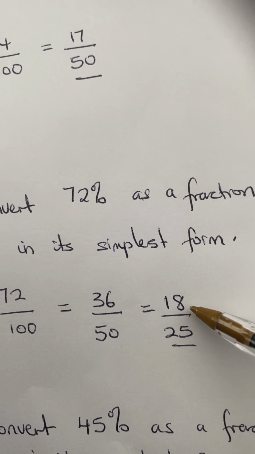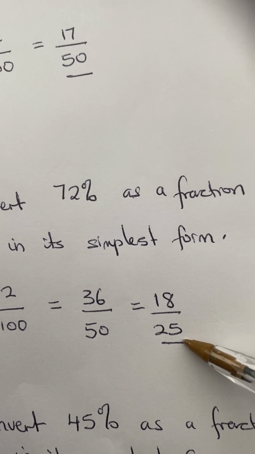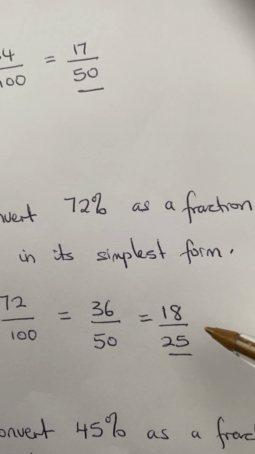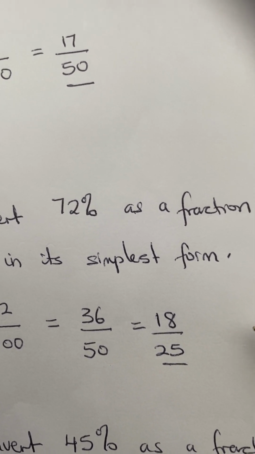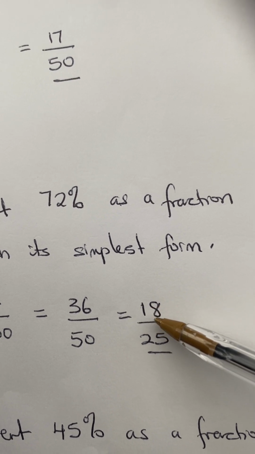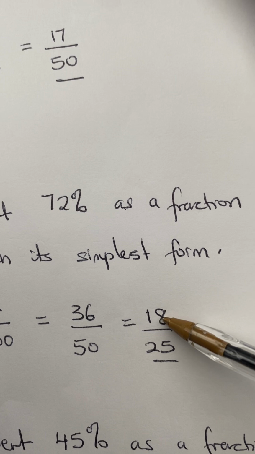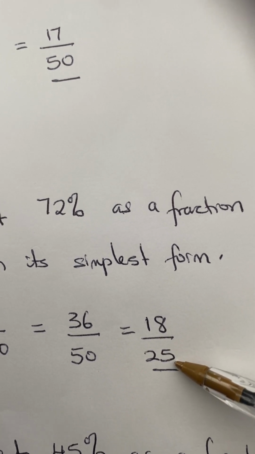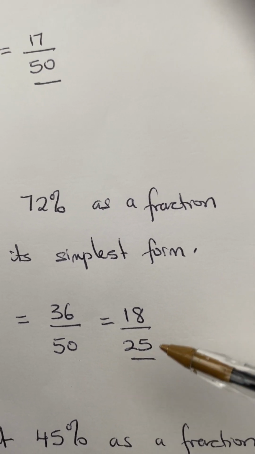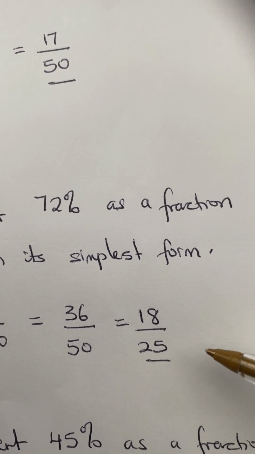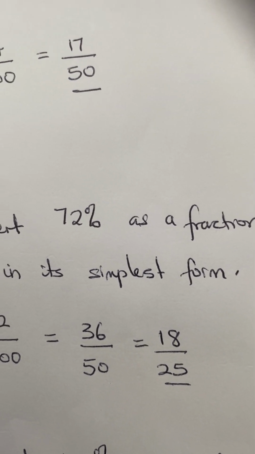So now our lowest form will be 18 over 25. Assuming again they ask us to leave our answer as a decimal, then we are going to use a calculator to put in 18 divided by 25. Maybe they might say to a decimal place or to 2 decimal places.